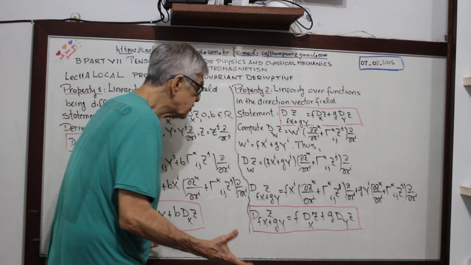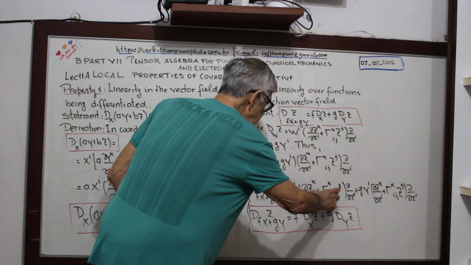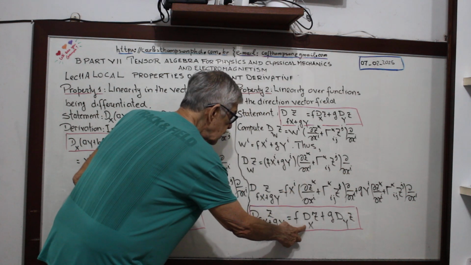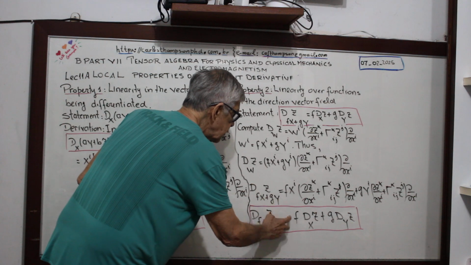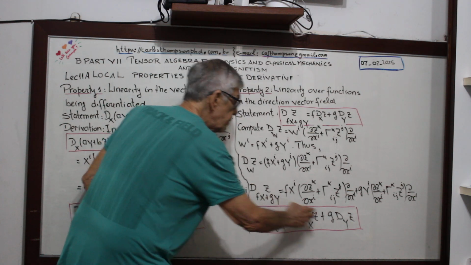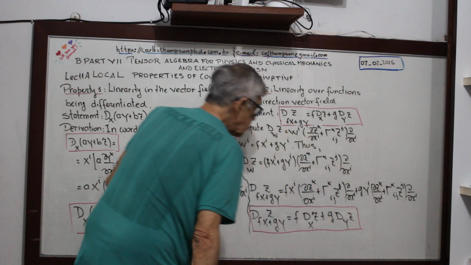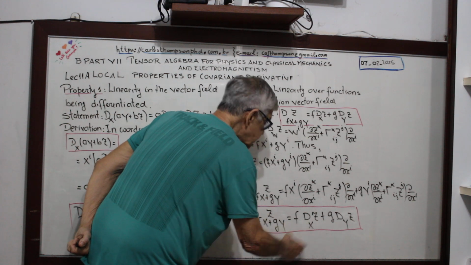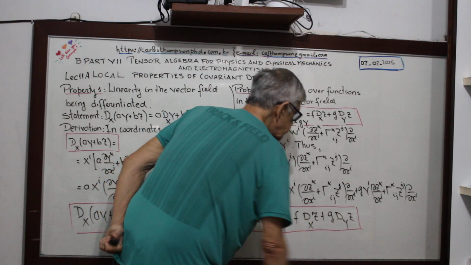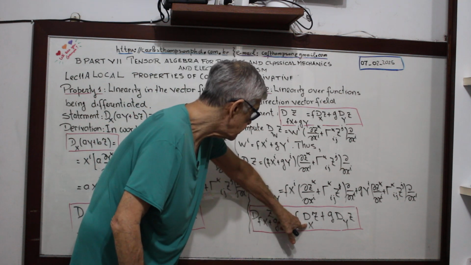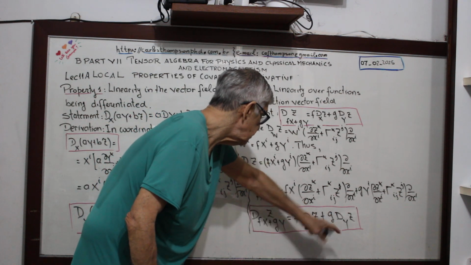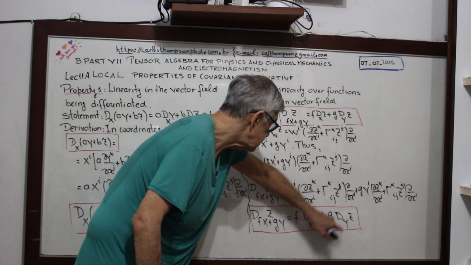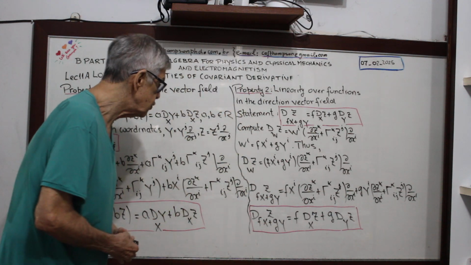Now I can substitute: this is the covariant derivative of Z written over here. So I can write easily that this is f D_X Z plus g D_Y Z, the covariant derivative of Z, where this is X and this is Y, according to the definition.